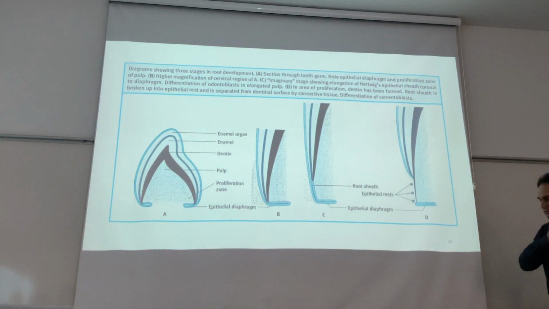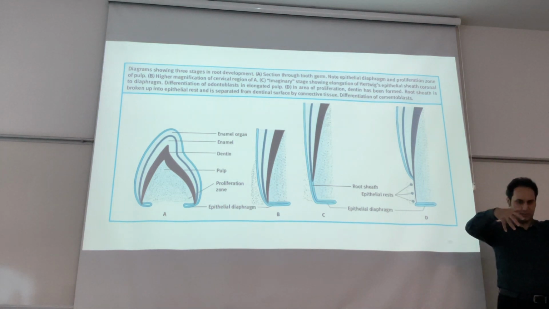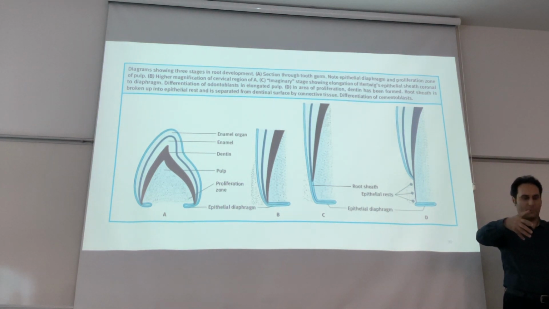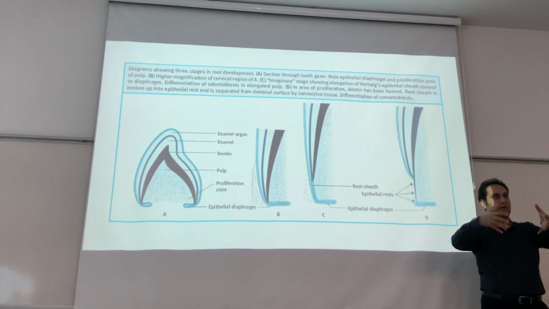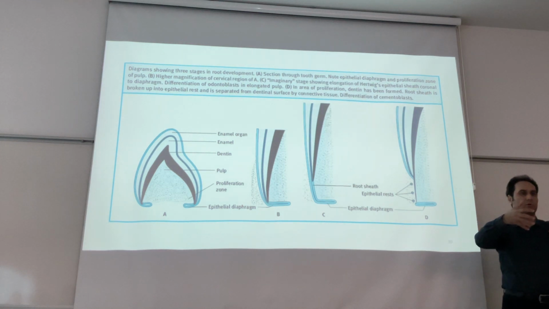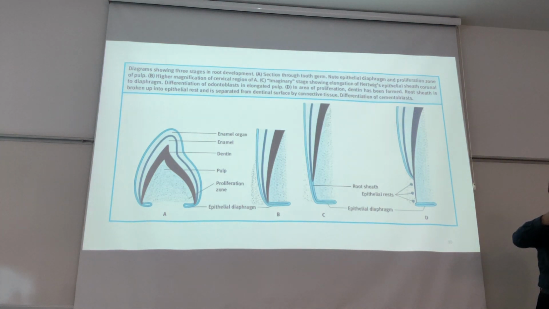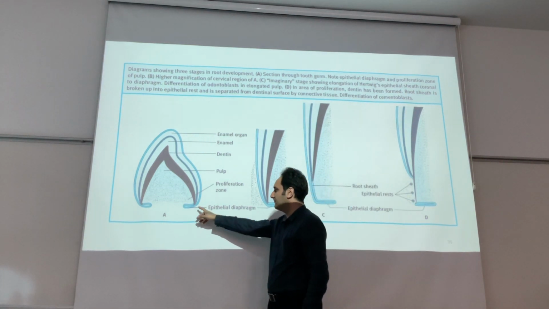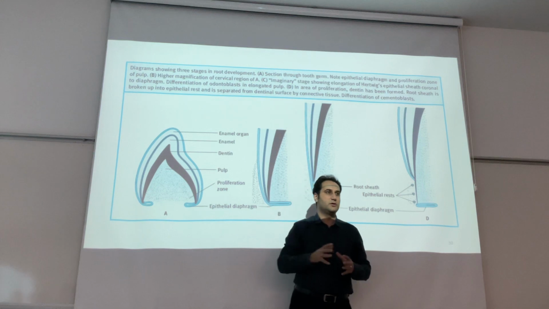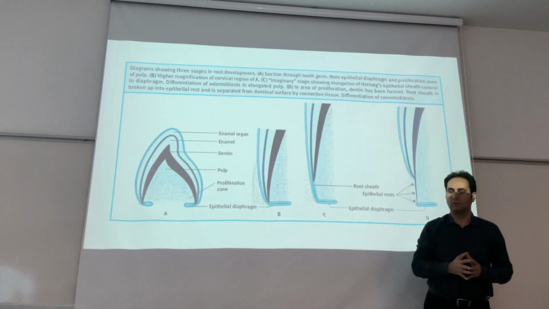If you imagine a ball, in our structure's central part, we have a hole, and this hole goes closer, closer, and closer, and the two ends of the sheath go close to each other.